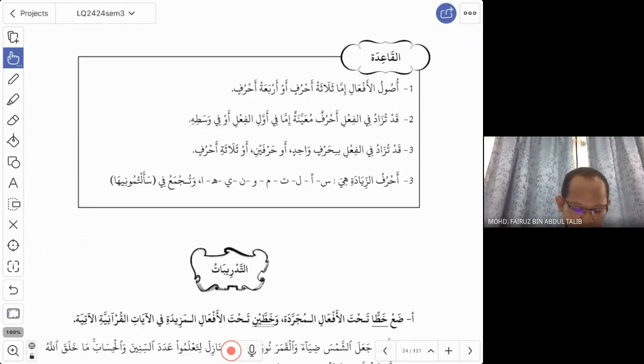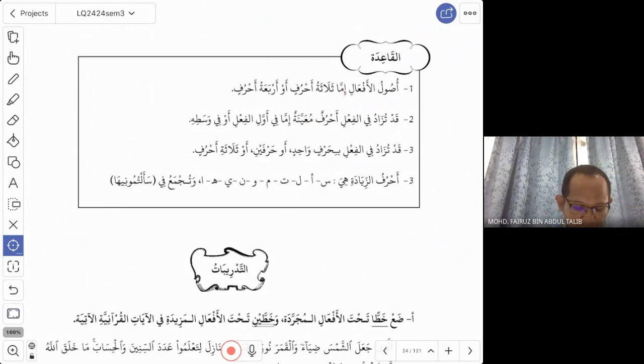Now, al-qaida, the rule says al-usul al-af'al, the origins of the fi'l. So this is referring to the letters, the original letters of the fi'l. Imma salasatu ahruf, either 3 letters.